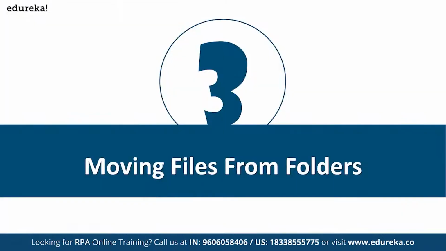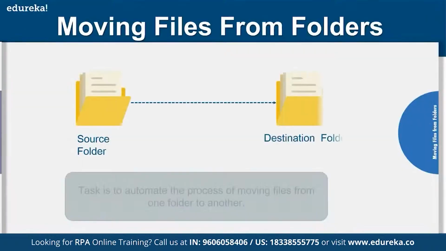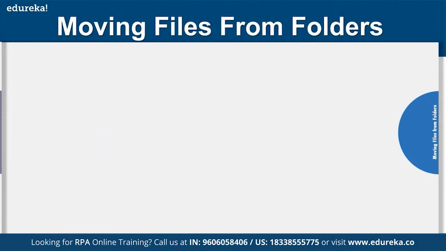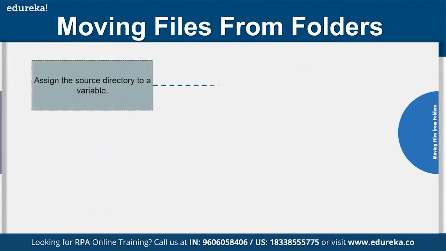Before that, to move files from one folder to another folder, what is required? In the theoretical part, what do we have to do in UiPath to move files from one folder to another? We need a source folder and a destination folder, and we have to create an automation to move the files from source to destination.